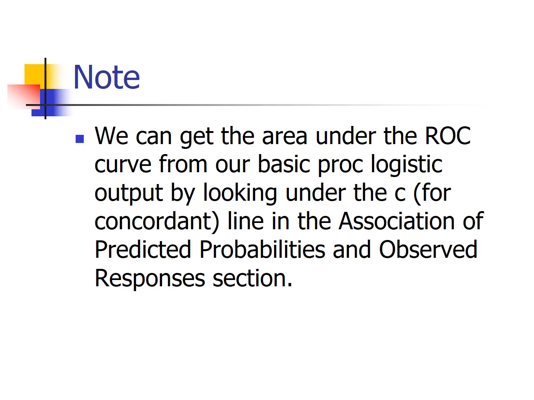All right, so note, we can get the area under the ROC curve from our basic PROC LOGISTIC output. We don't have to create that graph that I made. We could go back to the default PROC LOGISTIC output and look under C. The C stands for concordant. Look under the C line in the association of predicted probabilities and observed responses.